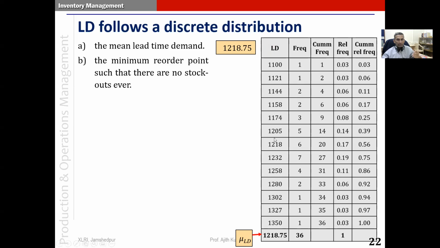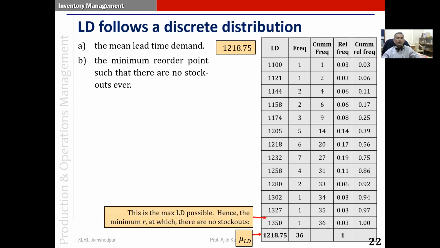With these values, that is possible when the reorder point is equal to the maximum lead time demand possible, which happens to be 1,350. So when the reorder point is equal to 1,350, there will be no stockouts because the lead time demand will always be less than or equal to that particular value. So this is the answer for part B.